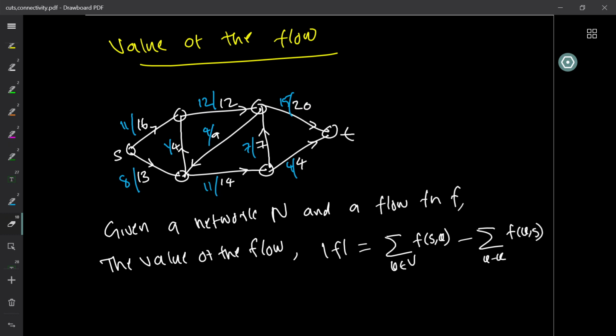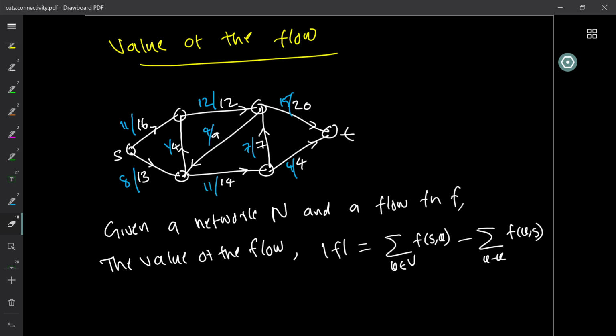And so how do you get that? Whatever goes out of S is basically what is supposed to reach T, because we define a flow to be those assignments that we can send such that whatever comes into an internal vertex is also going out.